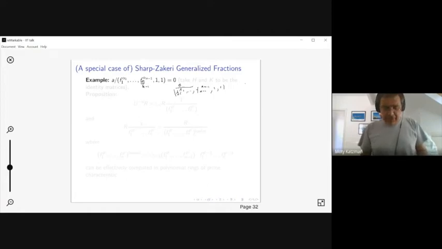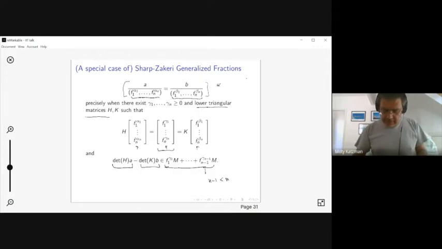So let's see if I can convince you. This is the only calculation I'm going to do with generalized fractions in this talk. Let's see if I can get this right. So let's have a look at this element 1 here, the penultimate element 1 there. If you go back to the definition of what it means for two symbols being the same, you need to have some difference of elements in M being in the submodule of M, which is given by this.